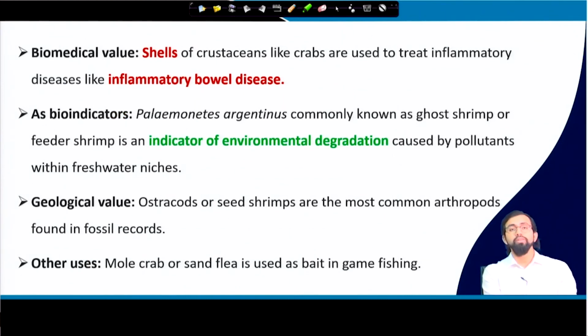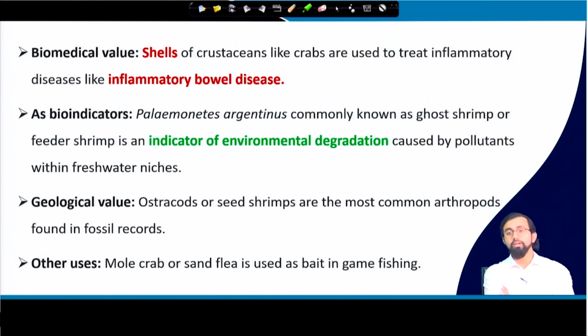In biomedical value, the shells of crustaceans, the crabs, are used for treating inflammatory diseases like inflammatory bowel disease. So it has medicinal utilizations as well. It is also used as a bioindicator. What do I mean by bioindicators? It can indicate environmental degradation.